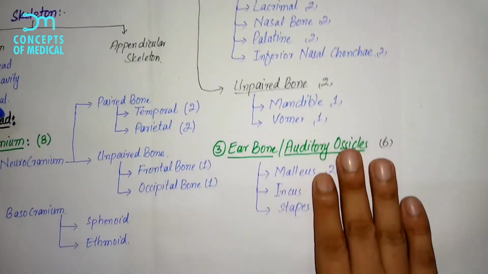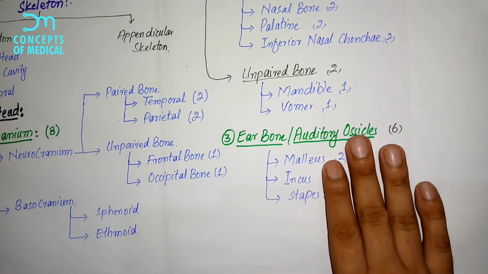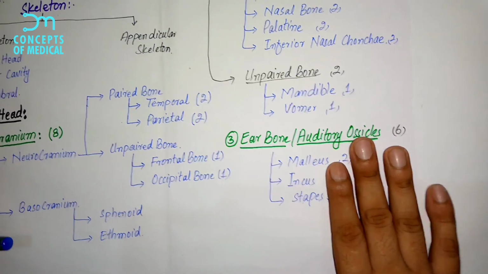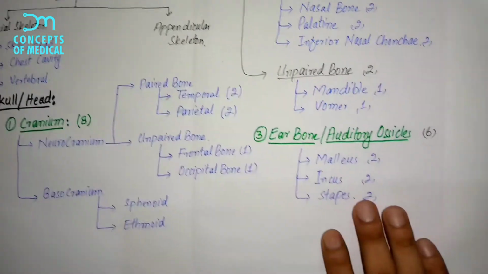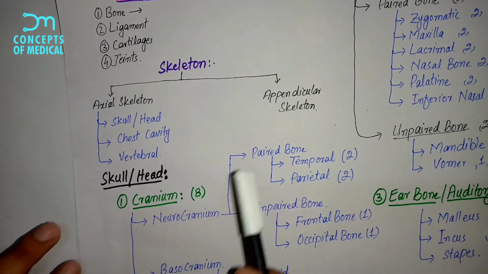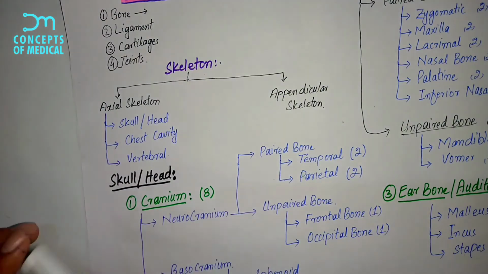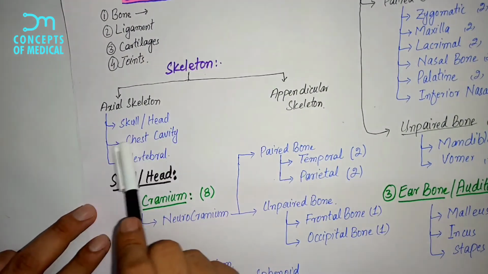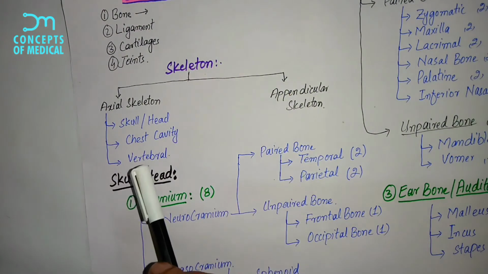So we just covered the head region of our skeleton, and now we will go towards the chest cavity. As I told you, the axial skeleton consists of the skull or head region, chest cavity, and vertebral column.